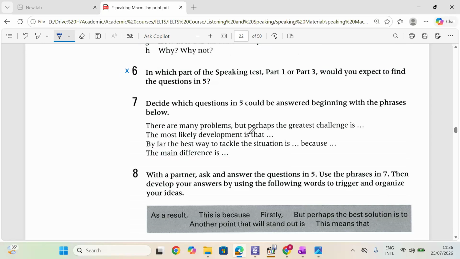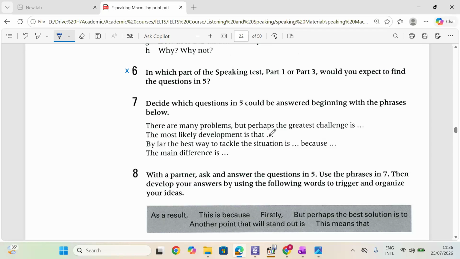There are many problems, but perhaps the greatest challenge is what I mean here. You are going to consider that in a question of exercise 5, then when you come to prepare your answer, try to include any of the expressions in exercises 7 and 8 into your answers.